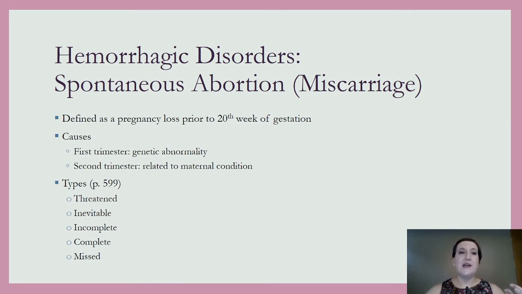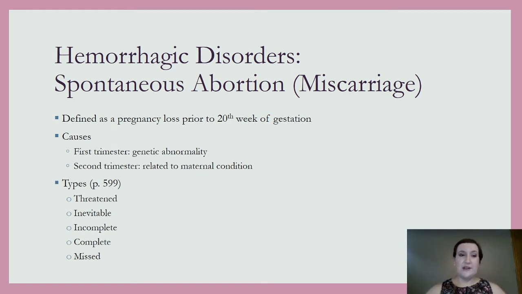So again, as I mentioned previously, usually these spontaneous abortions are considered a pregnancy loss prior to 20 weeks of gestation. During that first 12 weeks, what we're looking at as far as a cause is genetic abnormalities or a hormonal imbalance of the mother.